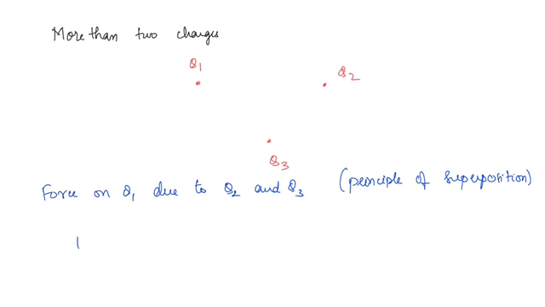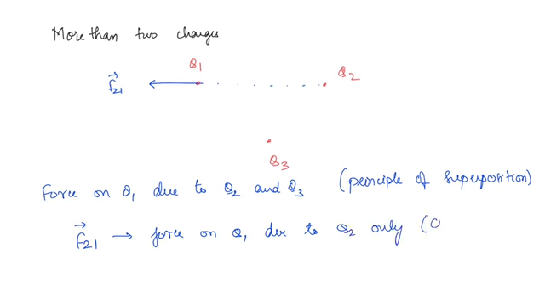So first we will find F21 bar. If you draw the distance vector like this, it will simply be like this, right? This is F21 bar. So this is the force on Q1 due to Q2 only. That means Q3 is assumed to be not present.